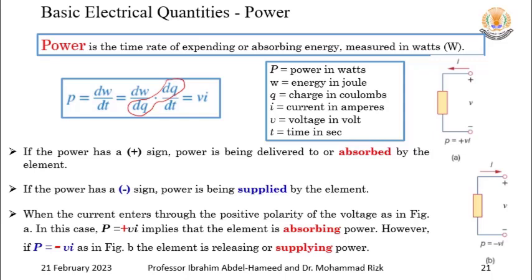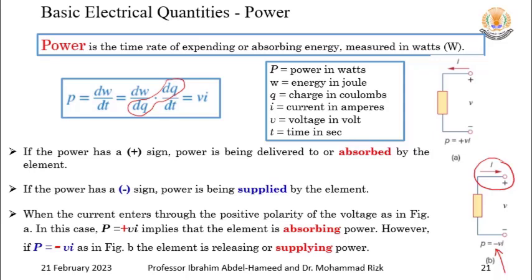Very important: if the current leaves the positive terminal of an element, this power will be negative power, like a source supplying power. If you have a battery and you connect a resistor, the current will leave from positive to negative, so it will supply power. So supplying power means negative power.